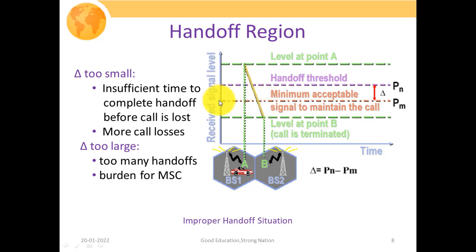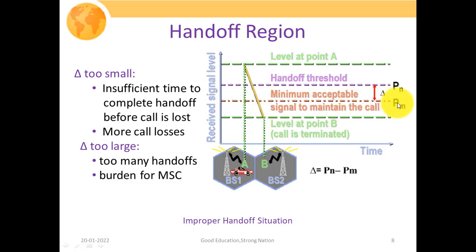Here this particular line is showing your minimum acceptable signal level or minimum acceptable threshold. If the received signal strength falls below this point, your call will get disconnected. And this particular point is showing us a signal threshold level where we must start looking for your handoff.